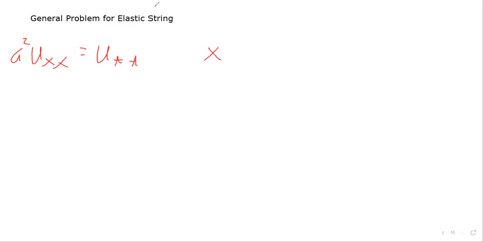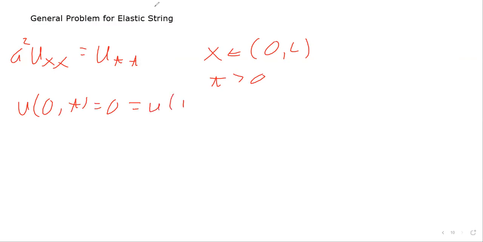As before, we have our endpoints anchored as usual. And that's for t greater than 0.